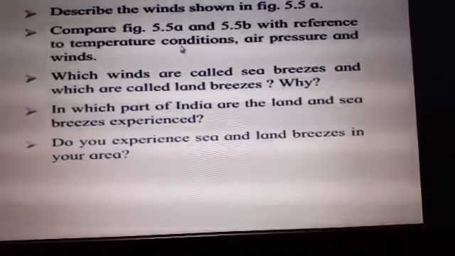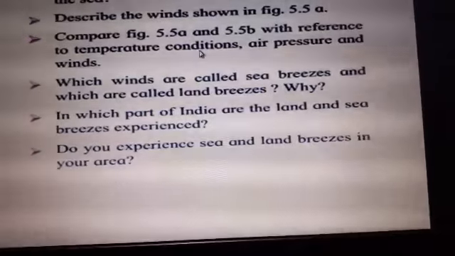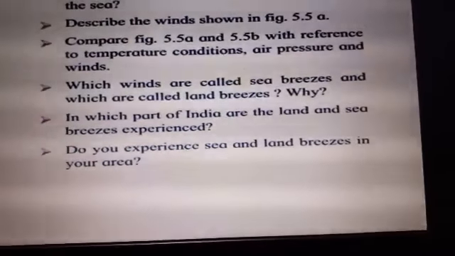That is the sea breeze. We can say the sea breezes are shown. Then compare 5.5a and 5.5b with reference to temperature conditions, air pressure and the winds. This I have given to you in detail in the next presentation.